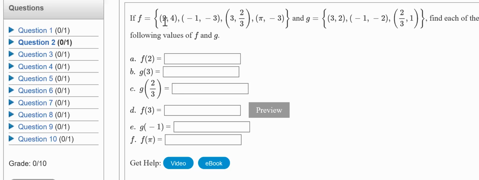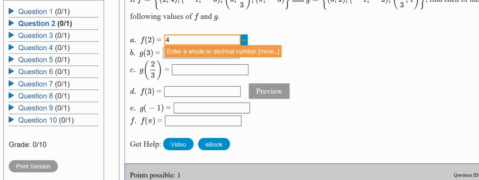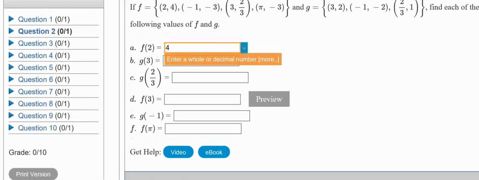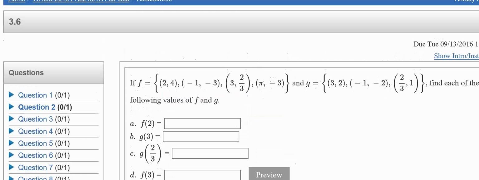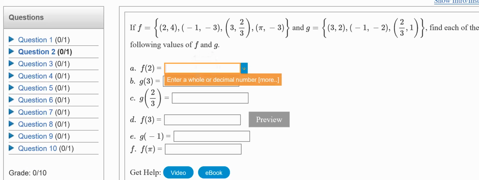Okay, at this point here, if we say f of 2, that means the output here would be 4. It's that first one. All right, it's this little part right here. That's how we got that. All right, so we get, oh, sorry, 4.